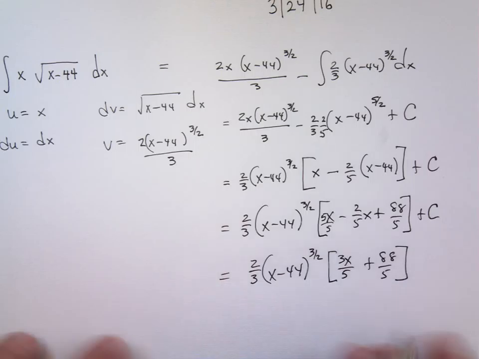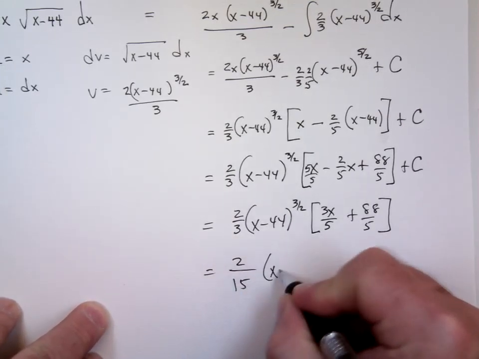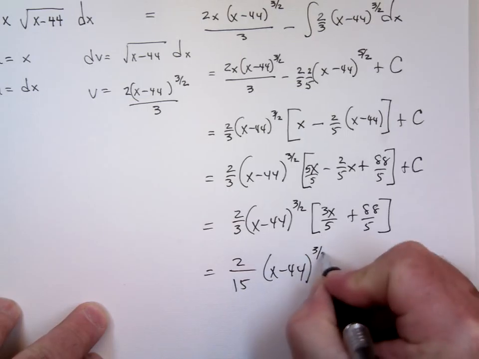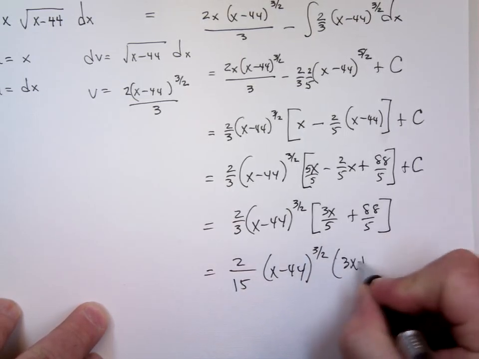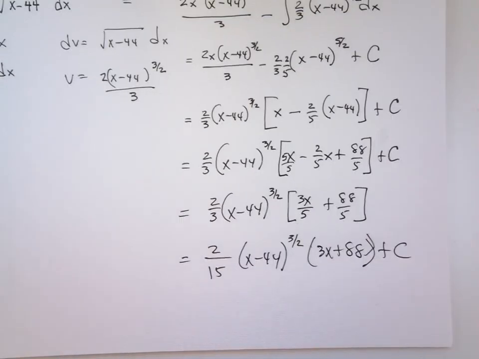I would take a 5 out. I would get 2/15 x minus 44 to the 3/2, and then 3x plus 88, and I don't know where else you're going to go with that. Check that out. How's that look?